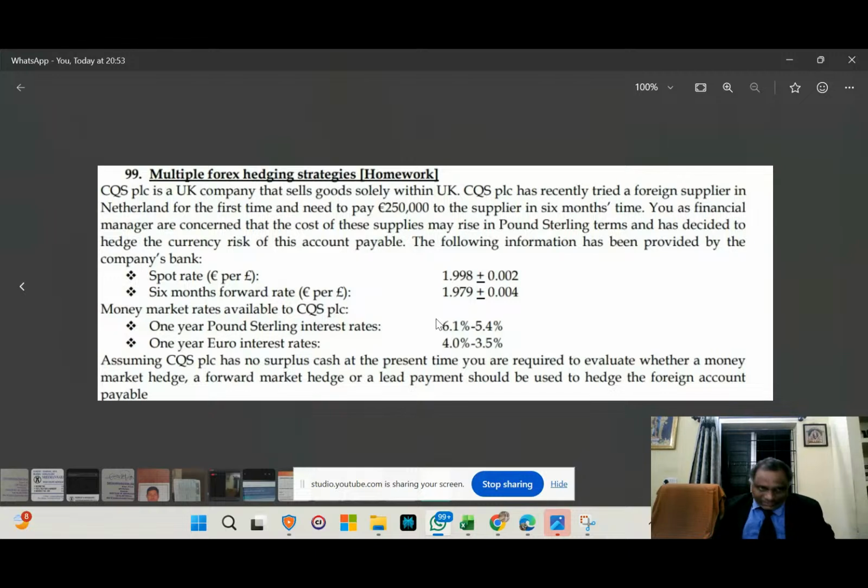Foreign supplier in Netherlands for the first time, and I need to pay 250,000 euros to the supplier in 6 months' time. So I want 250,000 euros. First, I need to pay somebody. I need to ask the bank to give me 250,000 euros. Then the banker usually applies the ask rate.